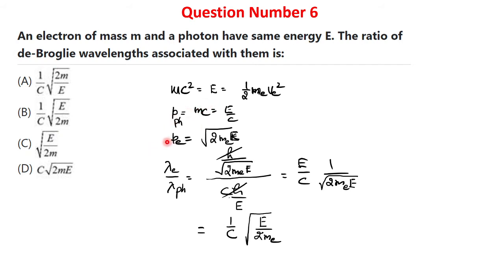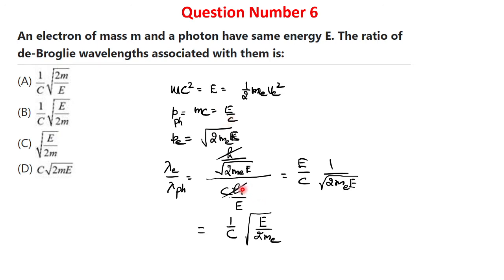And for the electron, you know momentum is given by root of 2m into kinetic energy. So root of 2m into E. E of electron and E of photon are the same, so the same E is to be used here. And now use the de Broglie formula. Wavelength is equal to h upon momentum. Momentum of electron is root of 2m into kinetic energy, and momentum of photon is equal to E by c.